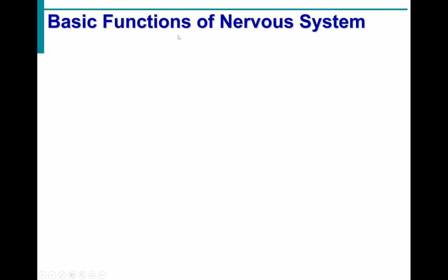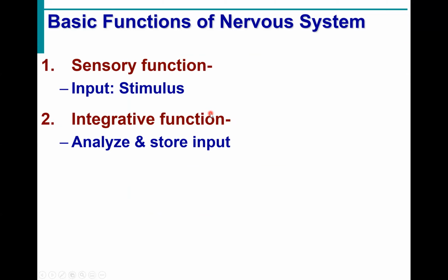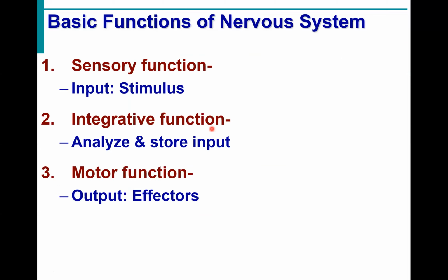And we can see the same things here. Nope, not what I wanted. There we go. So again, we have that sensory function where we receive the stimulus, that integrative function, which is our command center where we're analyzing, storing, and processing that information, and then we send it out to our effector.